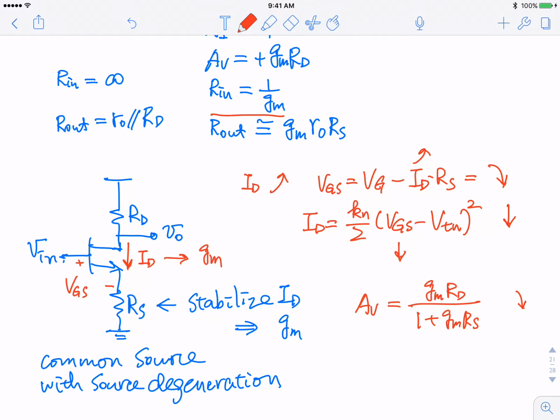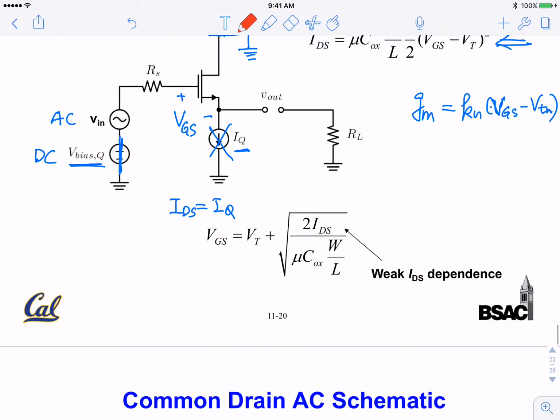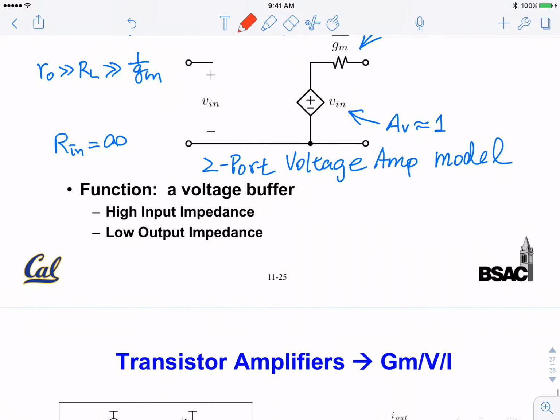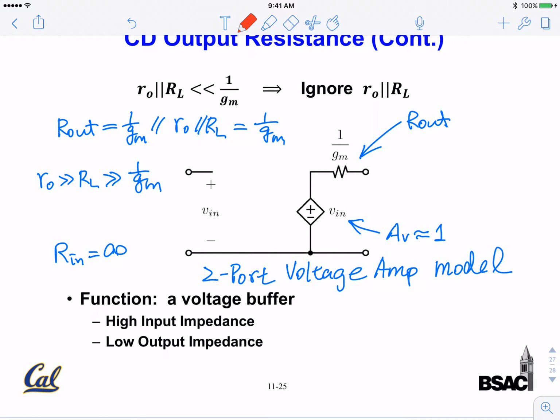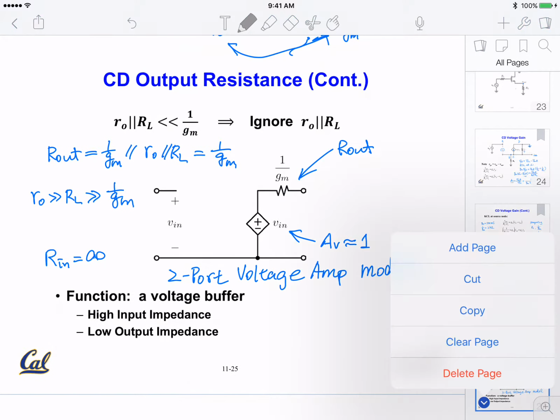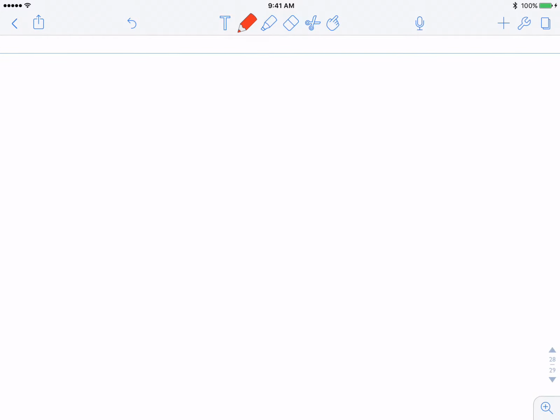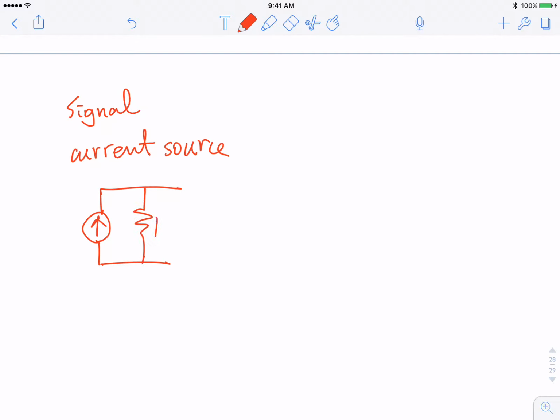This depends on what you wish. Let me add a page here. If your signal is a current source in nature, we represent it by a current source here, and it has an RS.